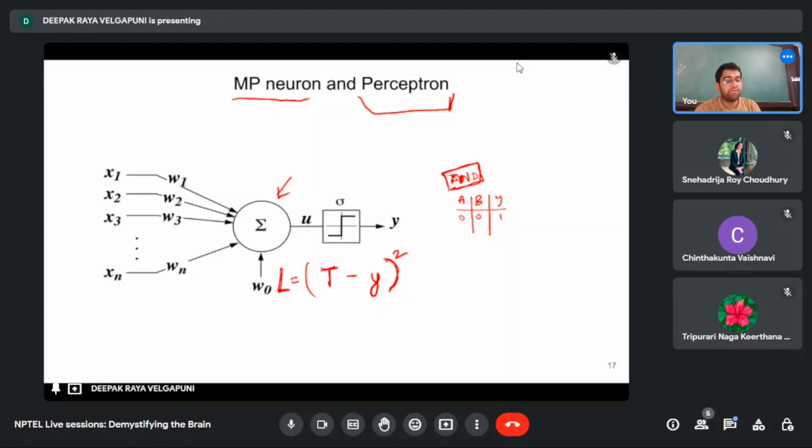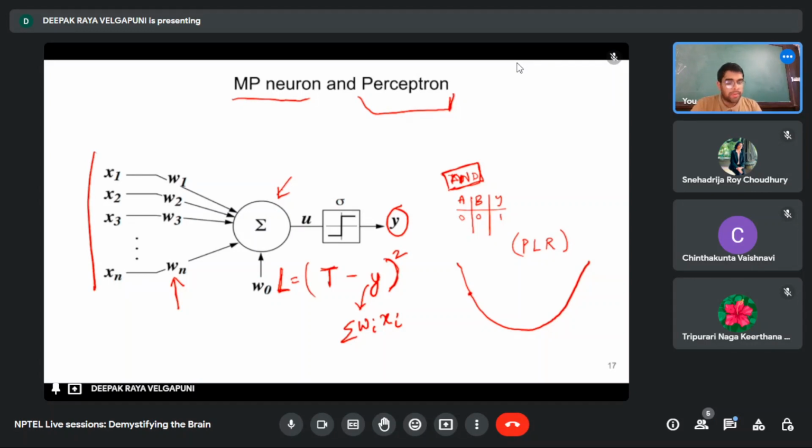From where did we get the perceptron learning rule? Let's say this loss function has some shape, and your initial weight is at this point. Here y is nothing but the summation of wi xi. The main aim of feedback and learning is to learn the appropriate weights so that you get the desired output for a given input.